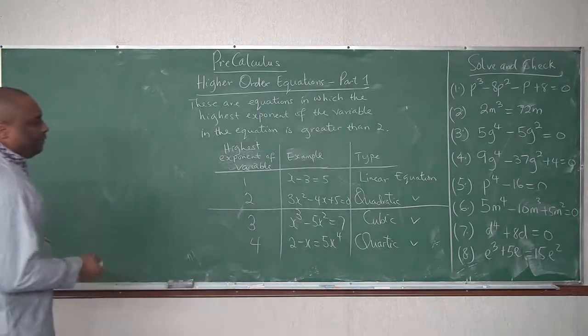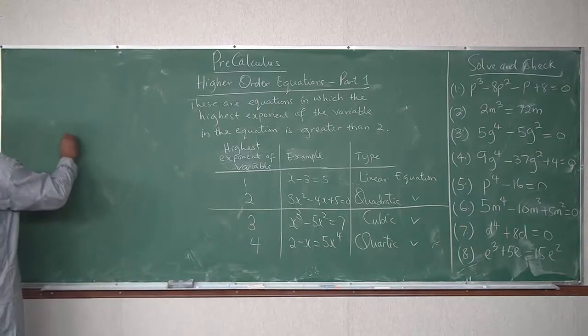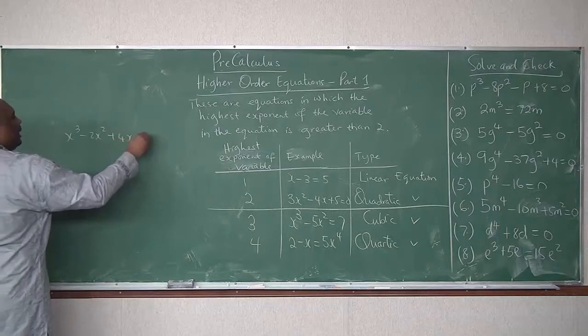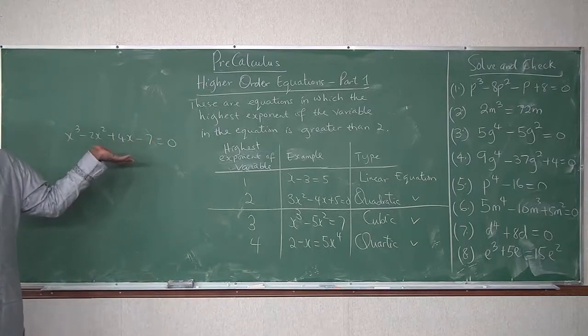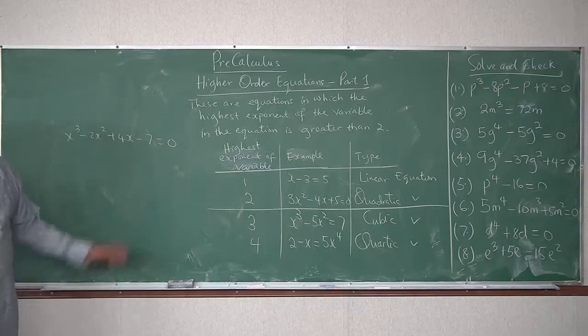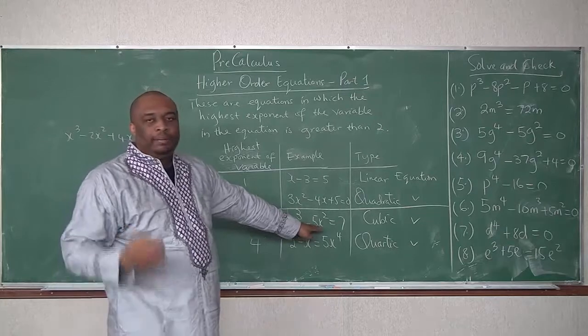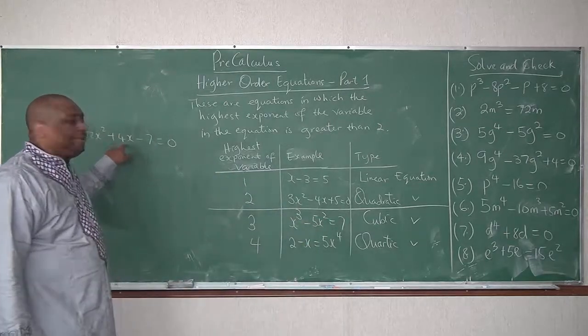A complete cubic equation is going to be something like this: x cubed minus 2x squared plus 4x minus 7 equal to 0. But here, this is incomplete, because the term in x is missing.